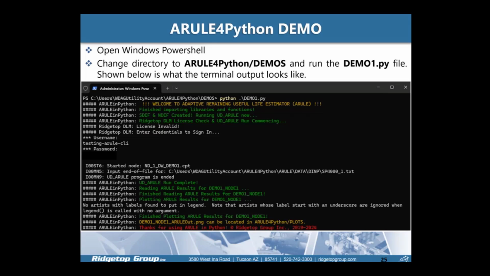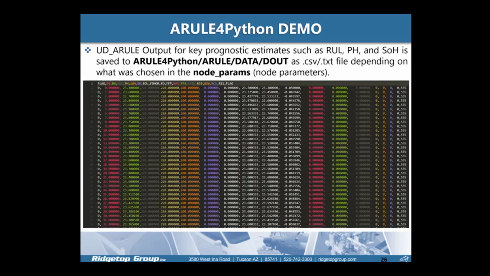So in the output folder, once the program's done running, you can see an output file with your time array, your RUL, pH, SOH, and a bunch of other key prognostic estimates. Next. And finally, the plot.